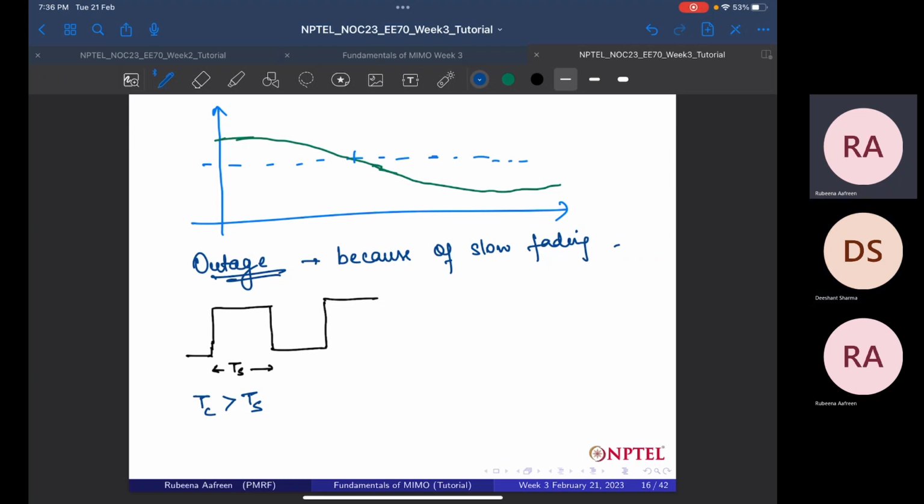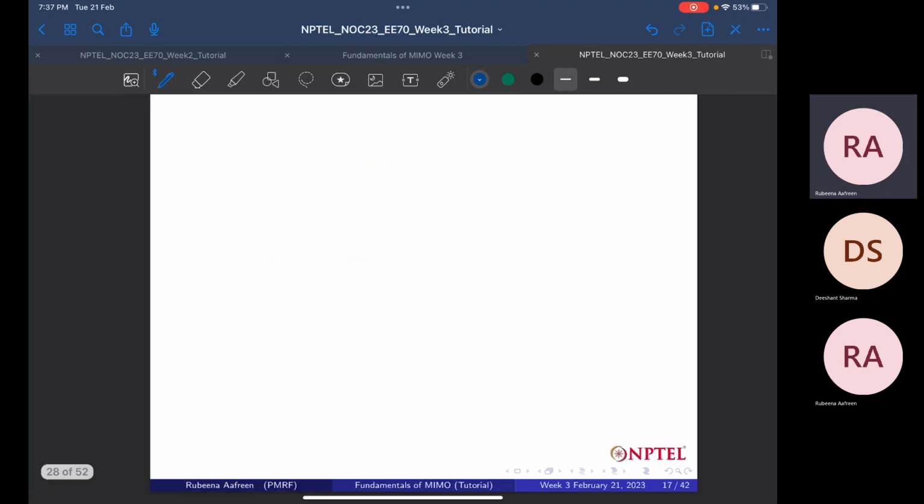Slow fading. Correct. What happens is that when Tc is greater than Ts, then at every point the channel is nearly equal. It will fade very slowly, right? So this will result in a slow fading channel. On the other hand, if Tc is less than or equal to Ts, we'll see it on the next page.